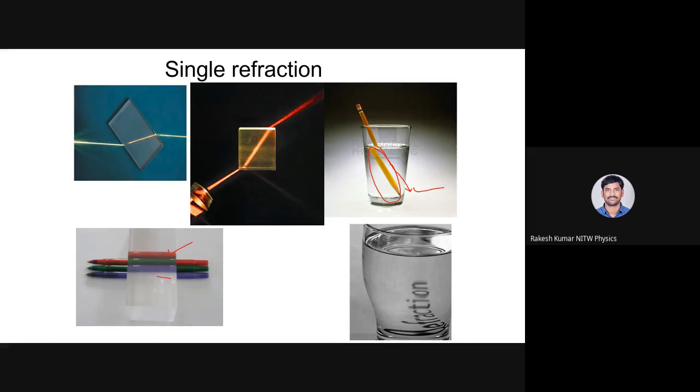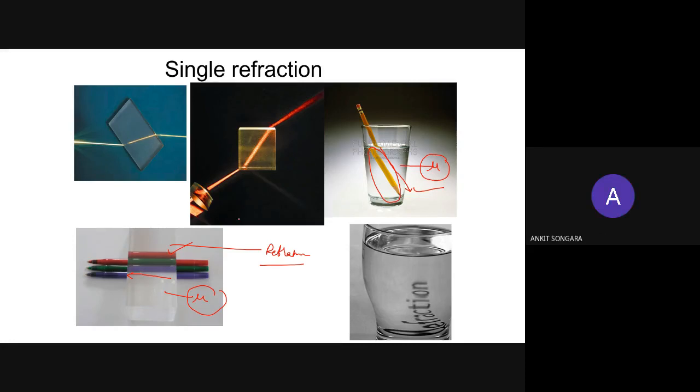The reason is refraction, produced by this particular material of refractive index mu, and by water of refractive index mu. If the refractive index is more, will the bending be more or less? More.